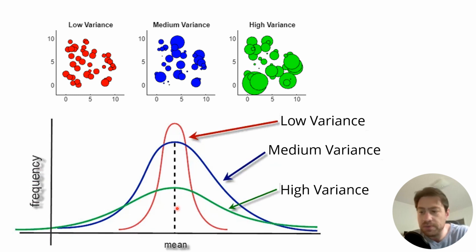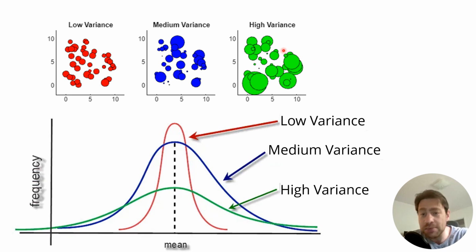Next, in the middle, you have a population with medium variance. And just by looking at the dots, you can see that there's more variation between them in terms of size. And you can see the corresponding blue curve below is also wider. And finally, on the right is a population with a high size variance. And you can see that visually.